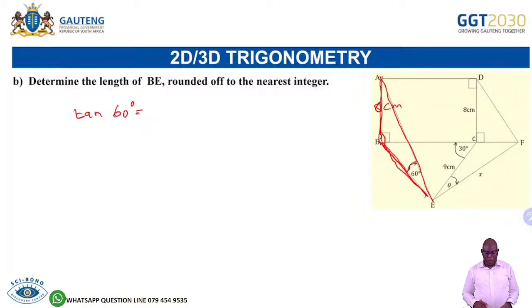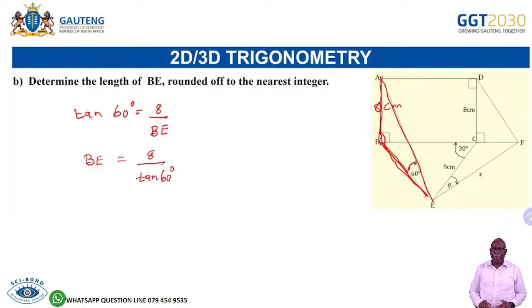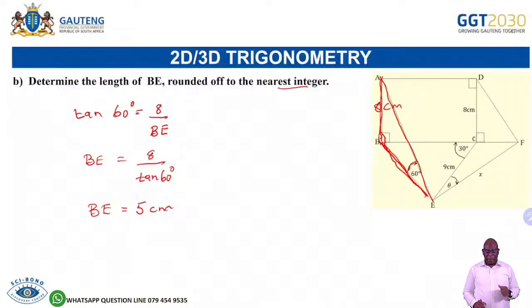I'm looking for BE, so it will be 8 centimeters over BE. If I make BE the subject of the formula, I'll get 8 over tan 60. BE will now be equal to 5 centimeters. They said to the nearest integer. The answer is 4,6. At nearest integer, it will give us 5.